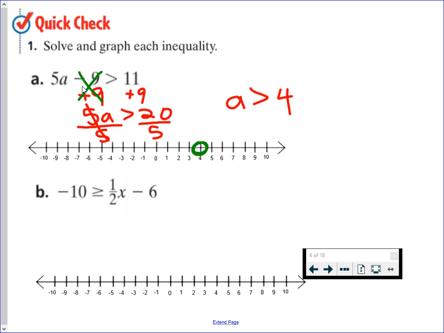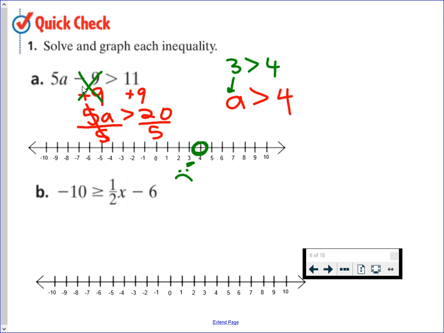Layton, pick any other number besides 4. 3. 3, he says. Is 3 greater than 4? Like if 3 was going to fit there? No big deal. We just don't want our arrow to go left.